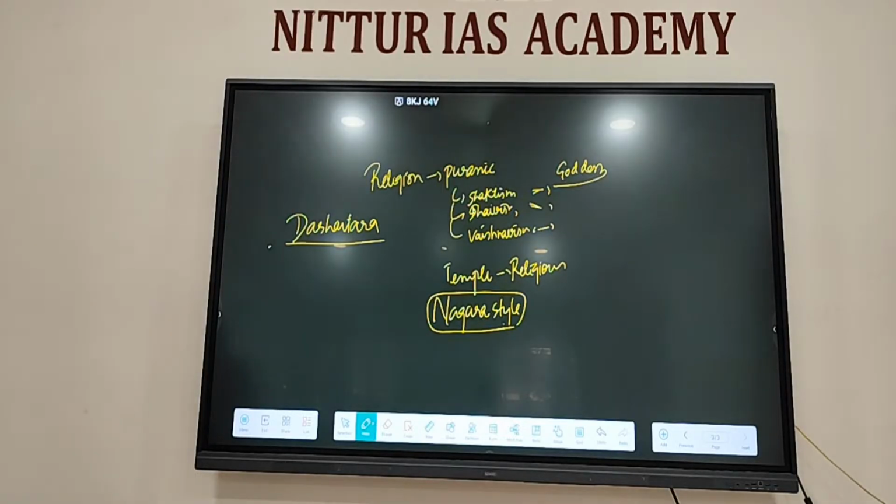Next point: the worship of female deities such as Durga, Lakshmi, Parvati became more prominent.